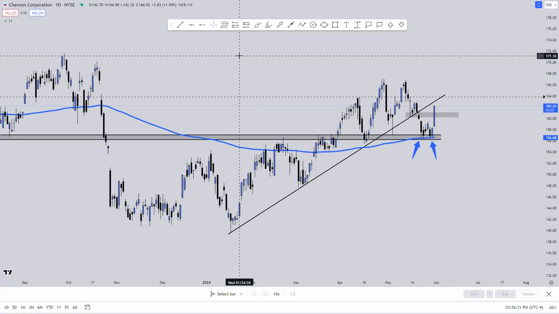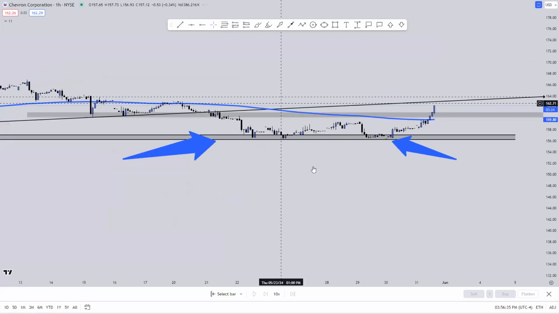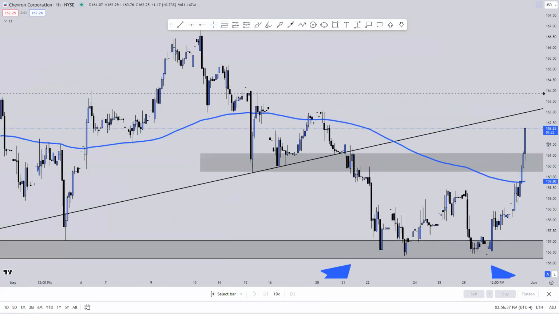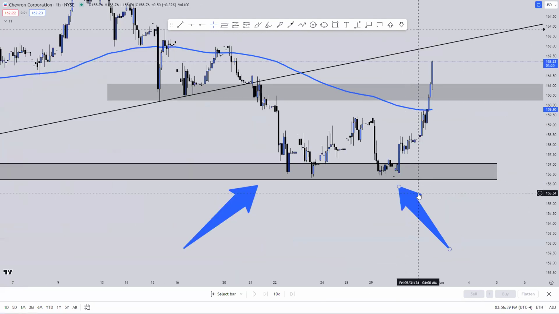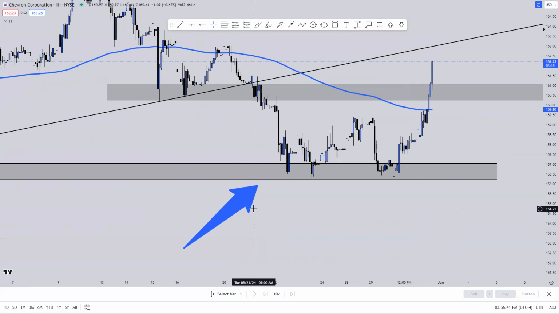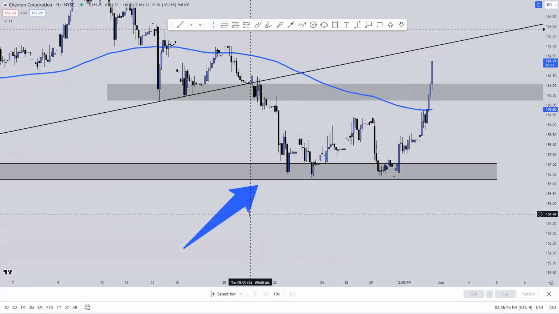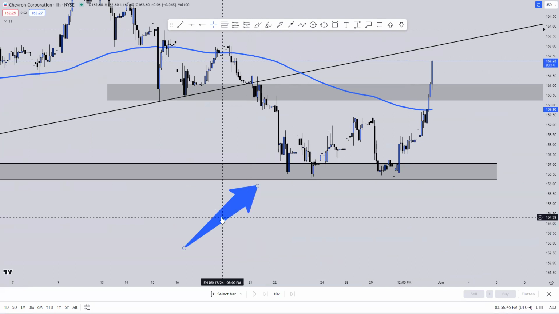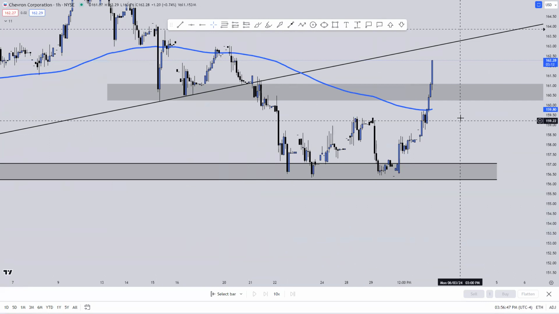Now we're above the level. Let's drop down to a lower time frame. Let's say we went to the 1 hour time frame. Let's just get rid of these arrows here. There we go.